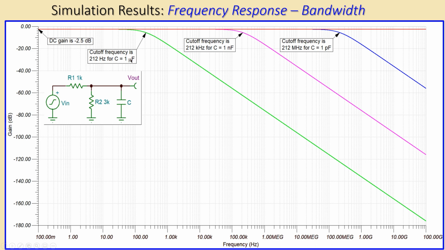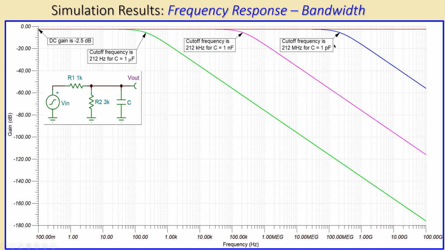Now, if I look at different capacitor values, for 1 microfarad, 1 nanofarad, and 1 picofarad, you can see the cutoff frequencies are also given here. 212 hertz for 1 microfarad, 212 kilohertz for 1 nanofarad, and 212 megahertz for 1 picofarad.